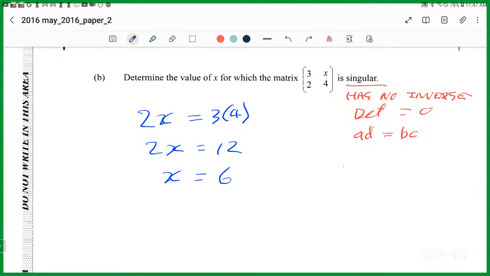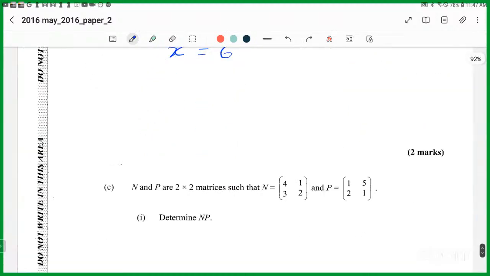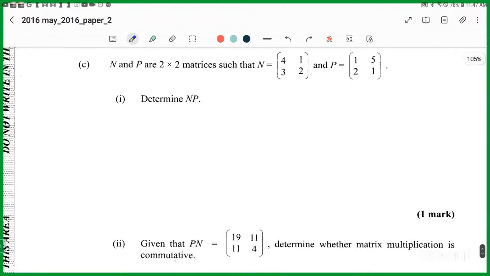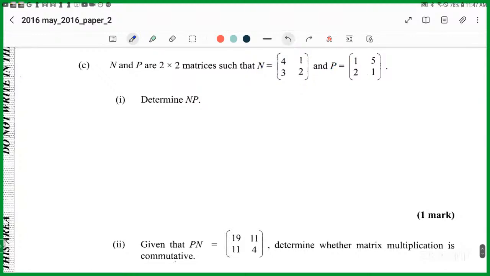All right. The next part says N and P are two matrices. So this is the N, this is the P, and I want us to multiply them. We did one a while ago, so we can go a little faster now, as we explained when we did N squared.